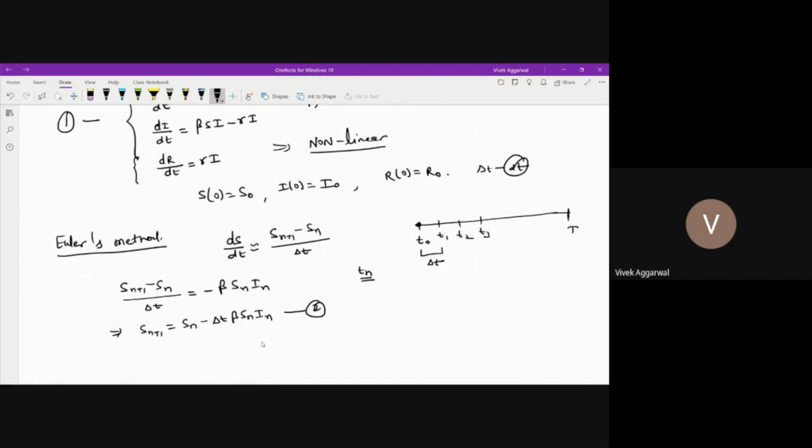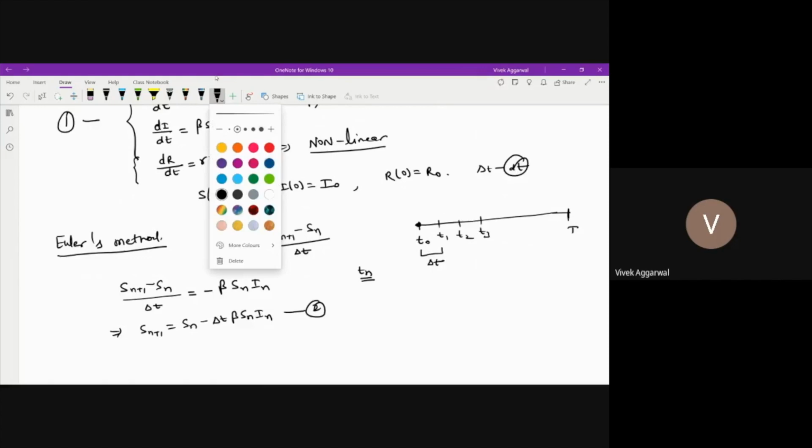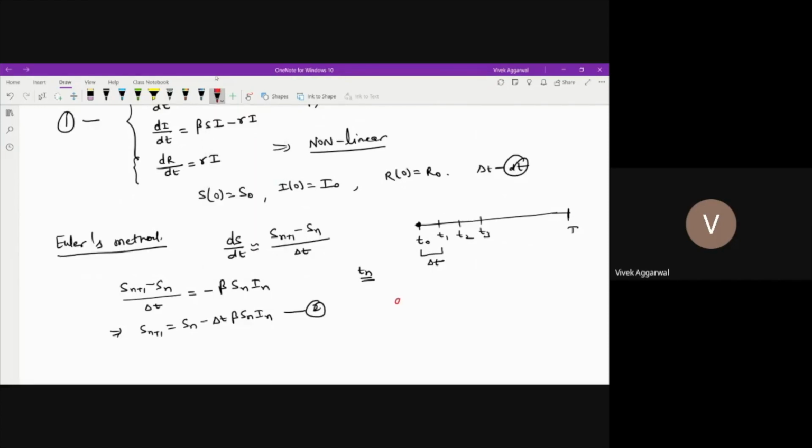Similarly, I can write dI/dt, my second equation.